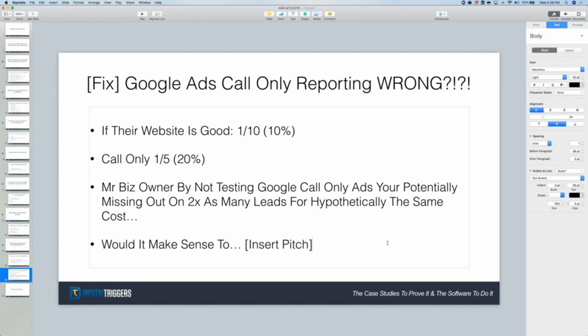Wouldn't it make sense to work with a pay-per-click management company that is consistently looking at best practices and rolling out tests for all of their customers to ensure that they are getting the best results possible with Google pay-per-click? Yes. Okay, great. So wouldn't it make sense for you to give us a shot to do this for you and to take over from your existing agency?